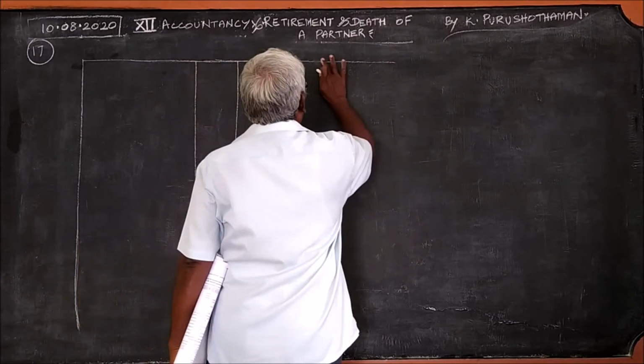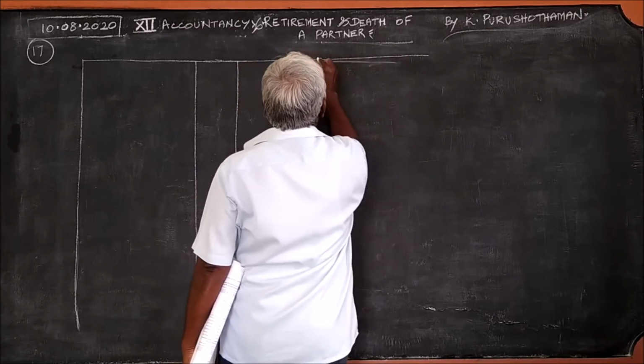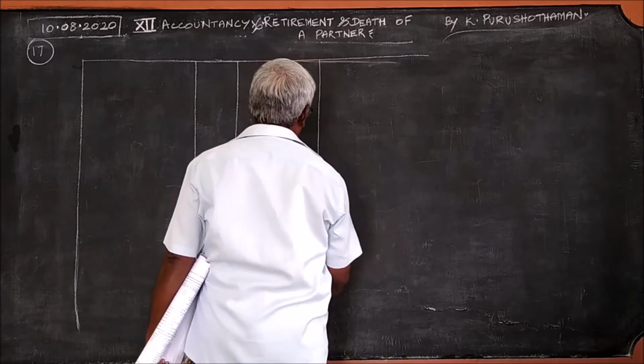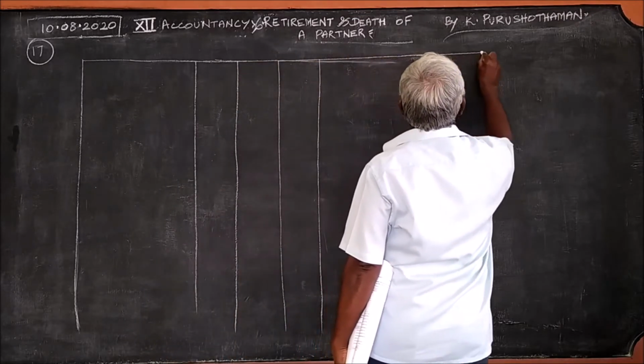Particulars and 3 columns for the partners. The same thing on the credit side also.